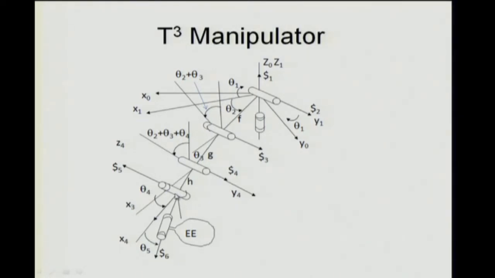Even the KUKA roughly falls into this kind of category. The only thing is whether the third one is orthogonal to this or parallel to this. In this case, this one happens to be parallel. So I will take this as a specific example, but you can do a similar technique for most manipulators.